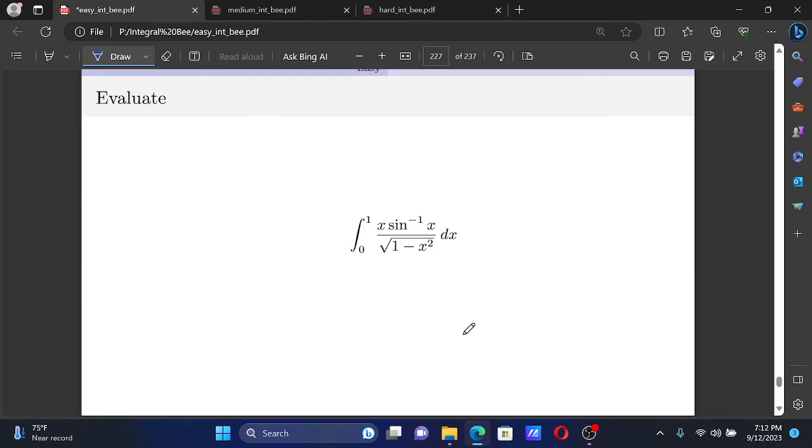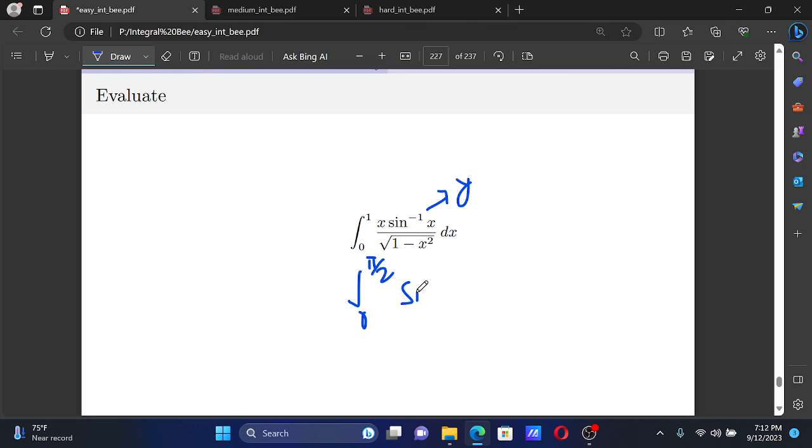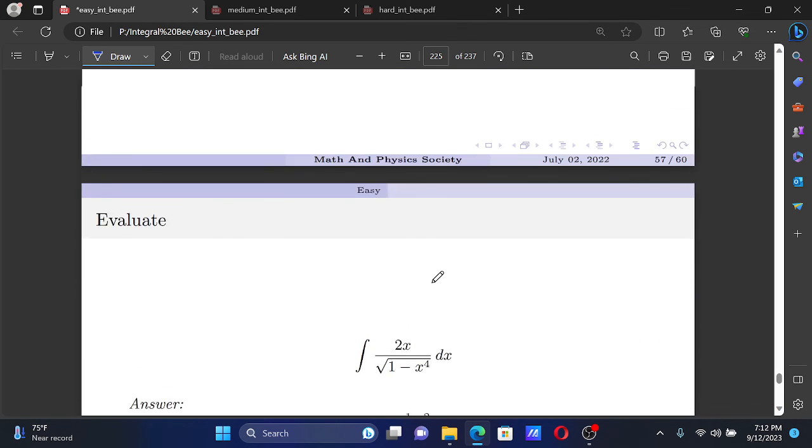The next one. For this one, we can again let sine inverse x as y, and then we get 0 to pi by 2, x will be sine y, and this will be y dy. And we just did this earlier, integral of sine y times y.